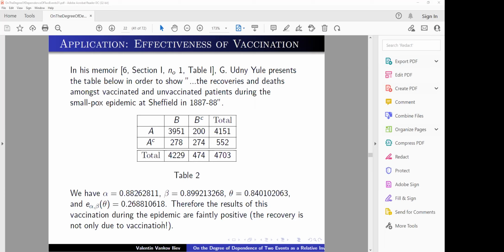The recovery is not only due to vaccination. By the way, George Yule invented his own index of association of these two attributes of the table, and his index shows 0.90 effectiveness.